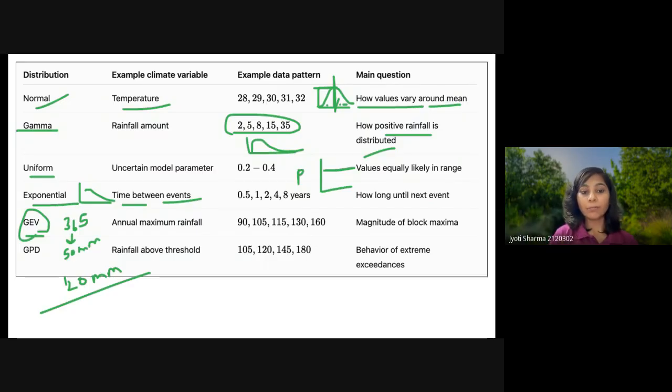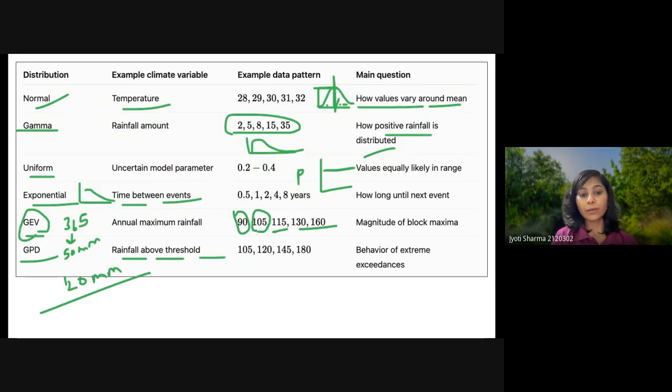Let's say in 2015 the highest value was 90 mm, in 2016 it was 106. So every year we will have some highest value. We collect that highest value and then fit it into some probability density distribution. So this is GEV.